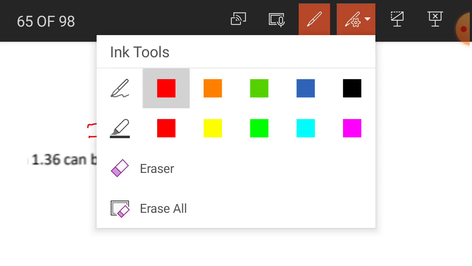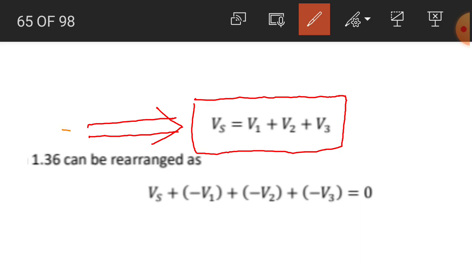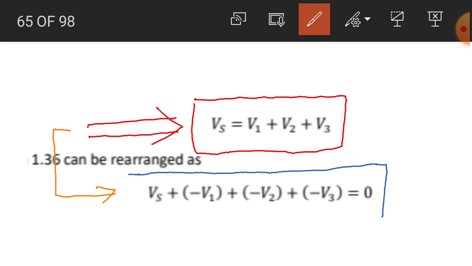We can write down this equation in this format as well. We have Vs minus V1 minus V2 minus V3, which is equal to 0. So we can write down the first equation of this particular slide in the form of the second equation.